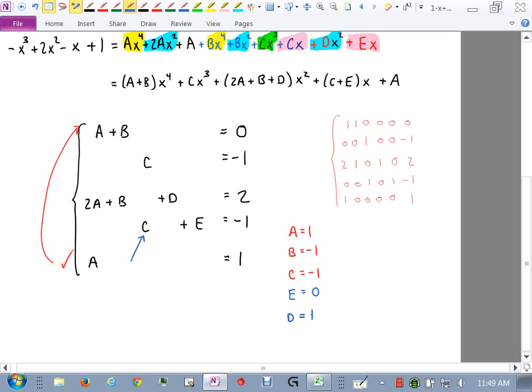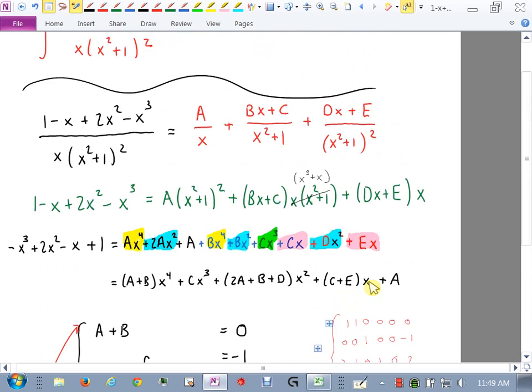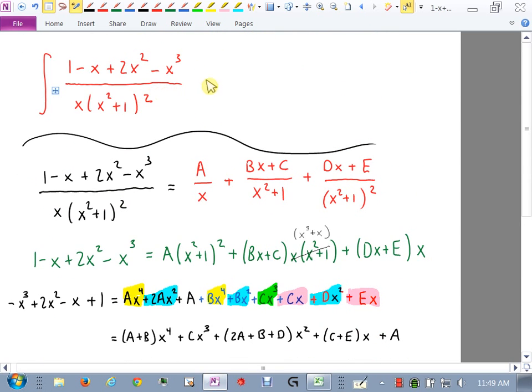And now I just need to go back and rewrite the integral right here. Right? It's going to be this. Are we ready?